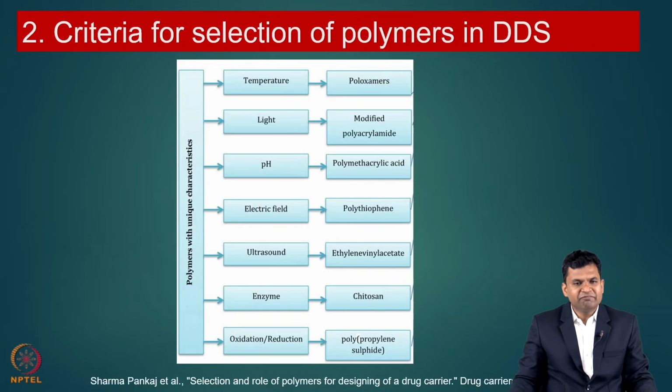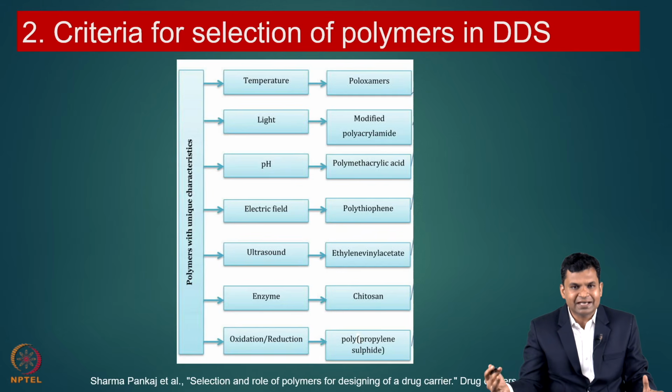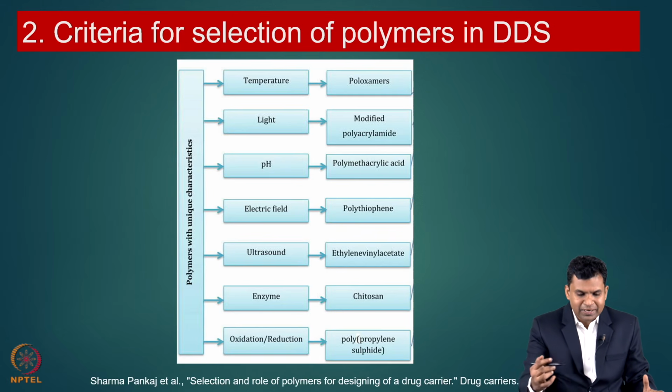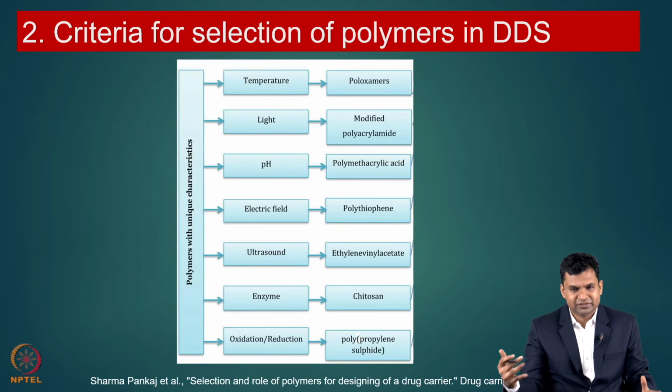Further, if you see the classification of polymers, they can be classified based on their responsive mechanisms. Polymers have various unique characteristics. By responding to internal or external stimuli, the polymer will change its behavior.